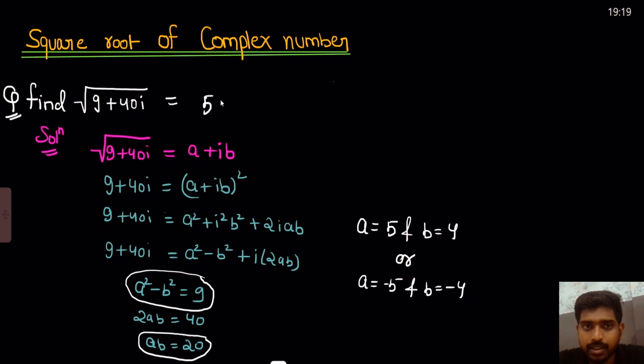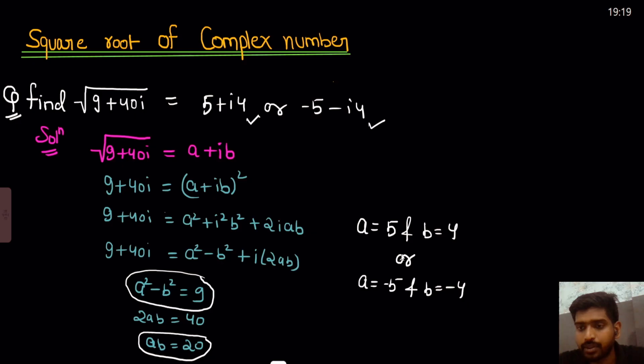So 5 plus iota 4, or minus 5 minus iota 4. So we'll get two answers here. The square root of this complex number is 5 plus iota 4 or minus 5 minus iota 4. Got it? These are the steps we'll follow to find the square root of a complex number.